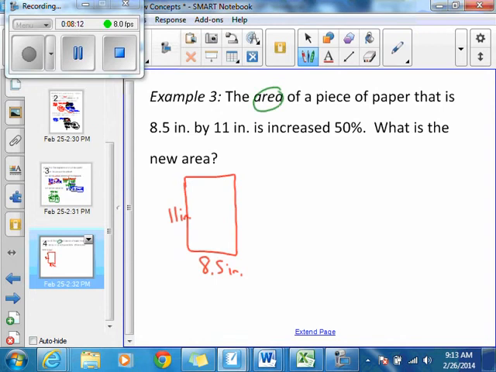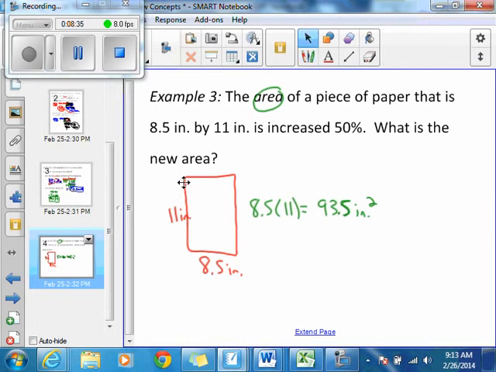So I'm talking about area. Let's find the area of this piece of paper. We're going to do length times width, 8.5 times 11. And 8.5 times 11 is 93.5, and that would be inches squared because it's area, square area.